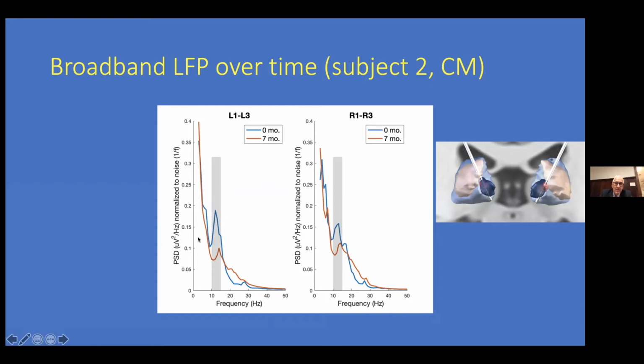And after 7 months, that disappears. And that's the normal spectrum, both on the right and the left side. And this shows where the electrodes are implanted. Again, you have to very precisely position these electrodes, but then you can actually have a closed loop system which allows you to detect the seizure, turn the system on when the seizure starts, stop the seizure, and then turn itself off again.